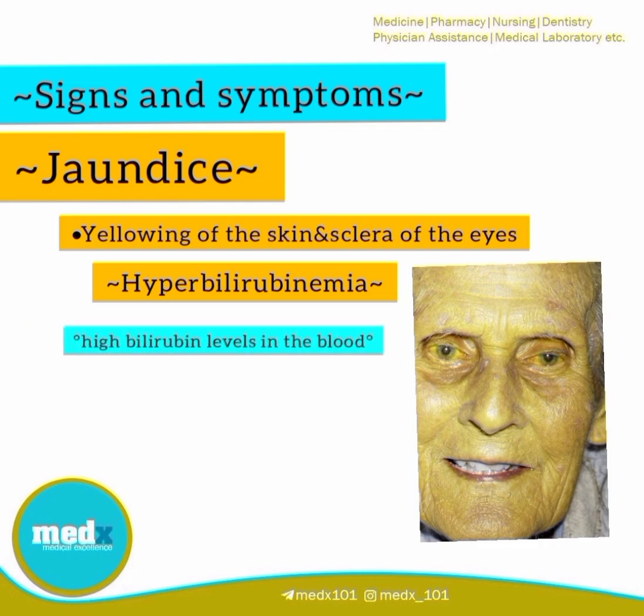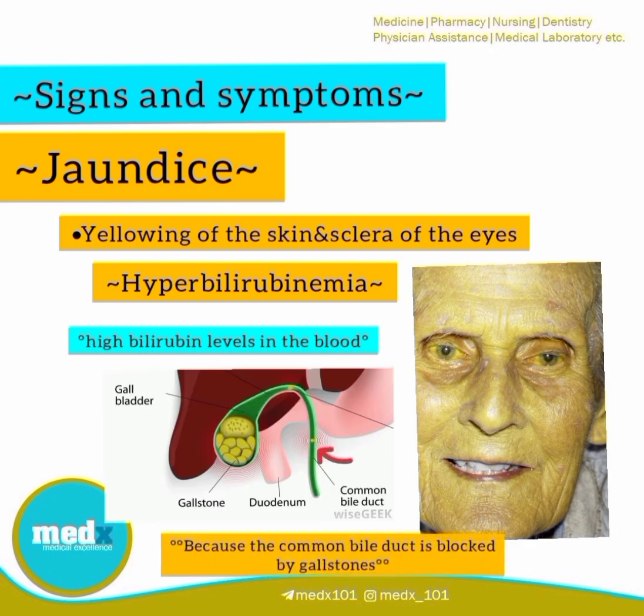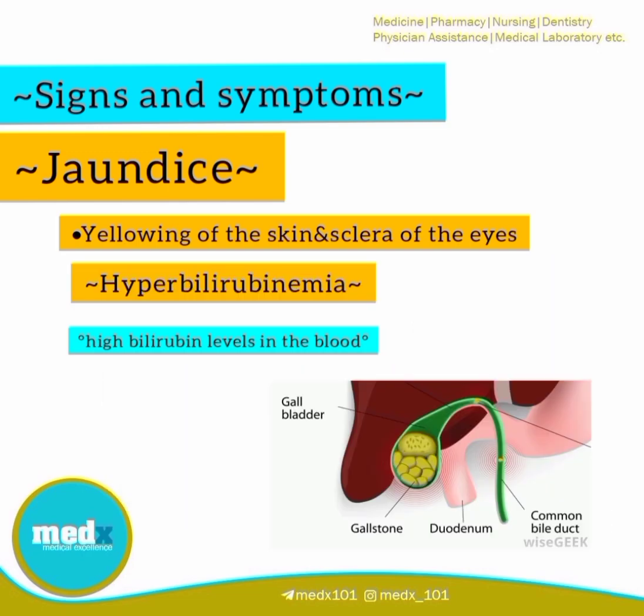Hyperbilirubinemia means high levels of bilirubin in the blood, and this happens because of obstruction due to the formation of stones in the common bile duct. Normally the liver takes bilirubin from the blood, conjugates it and releases it. The bilirubin goes through the common bile duct and into the small intestine where it's excreted later.